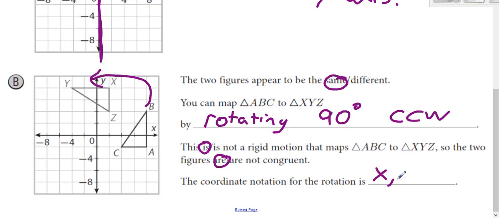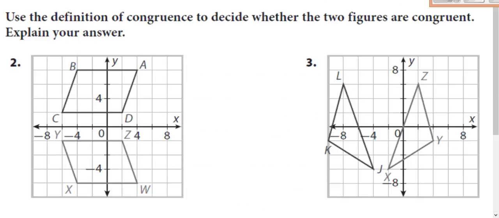So the coordinate notation is x comma y goes to negative y comma x. That's the rule for a 90-degree counterclockwise rotation. So both of these, they're both reflections. This number 2 here, that's a reflection over the x-axis.